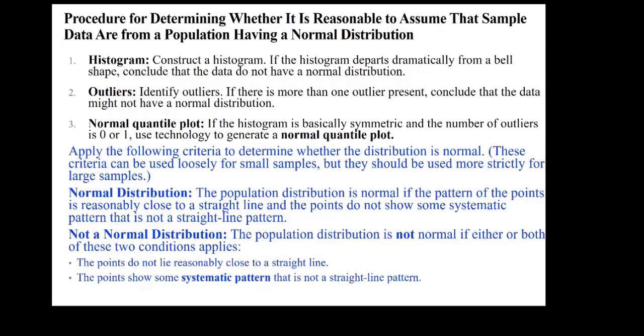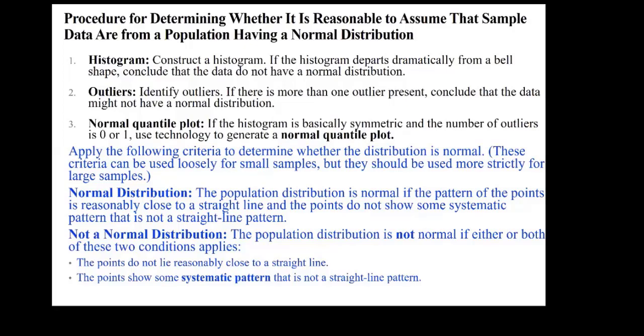Apply the following criteria to determine whether the distribution is normal. These criteria can be used loosely for small samples, but they should be used more strictly for large samples. Normal distribution: the population distribution is normal if the pattern of the points is reasonably close to a straight line, and the points do not show some systematic pattern that is not a straight line pattern.